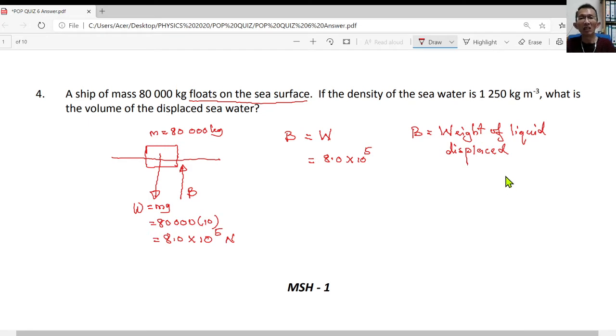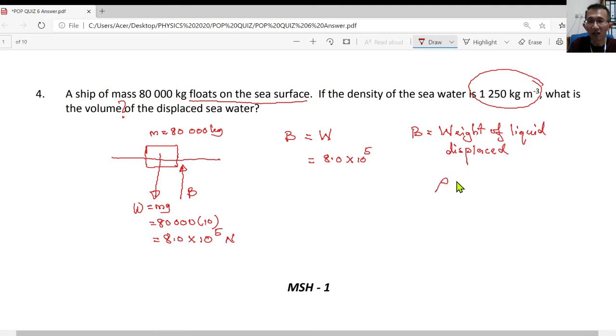Archimedes says that for a floating object, the buoyant force equals the weight of the liquid displaced. Now, how am I going to get the weight of the liquid displaced? In the question, you are given the density, and you are to find the volume. No big deal.